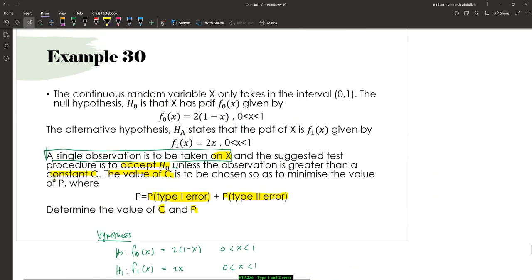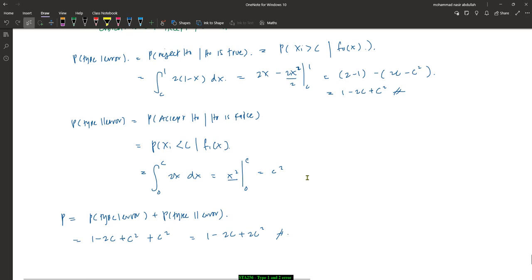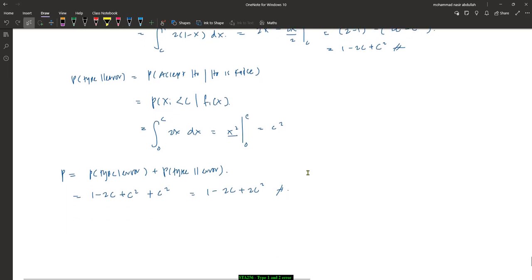So here it says the value of c is chosen so as to minimize the value of p, right? To minimize our value of p, we're going to differentiate p with respect to c, and then equate it to 0, to get the value of c. So p is equal to 1 minus 2c plus 2c square.